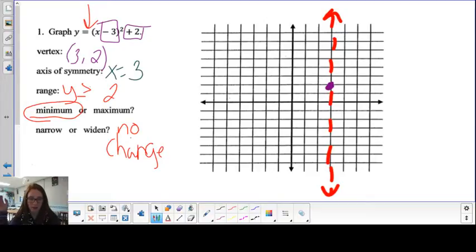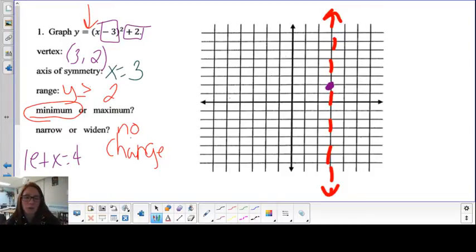When I do my sketch, I like to go at least 1 to the right or to the left of my vertex to determine another point, so I can roughly get a good sketch of this. If I go 1 to the right, that'll be 4. If I go 1 to the left, it would be 3. So I'm just going to go to the right. I'm picking 4, so I'm going to let x equal 4.